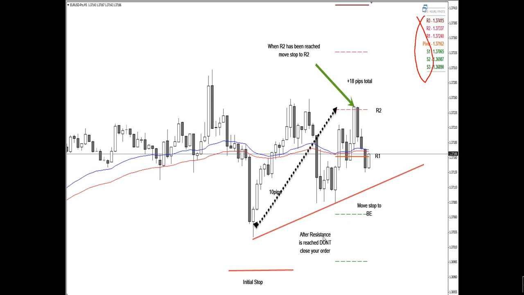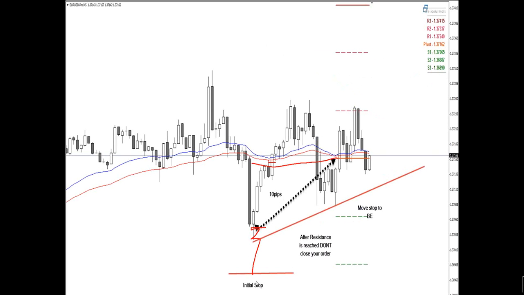So after resistance is reached, you don't close your order, you move stop to break even. After the second resistance has been reached and broken by 2 pips, you should move your stop to R2. So instead of making 10 pips, turning scalp into a scalp swing, I made 18 pips. It's almost double. It's not that bad because the stop was lower because I started from a scalp.